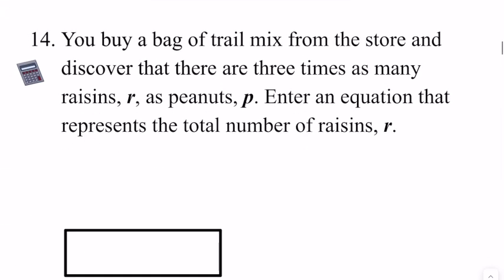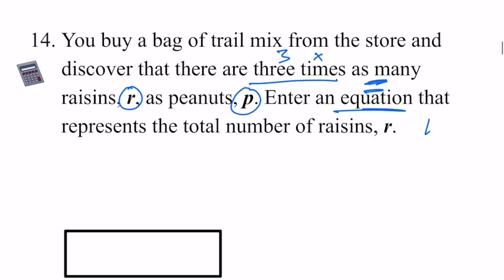Almost there. If you buy a bag of trail mix from the store and discover that there are 3 times, okay, there's a 3, times means multiply, as many raisins, I have an R, as peanuts, and I have a P. Enter an equation, so you better have an equal sign, that represents the total number of raisins, R. Okay, so let's see.